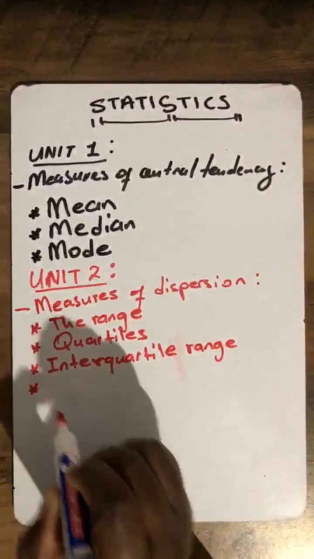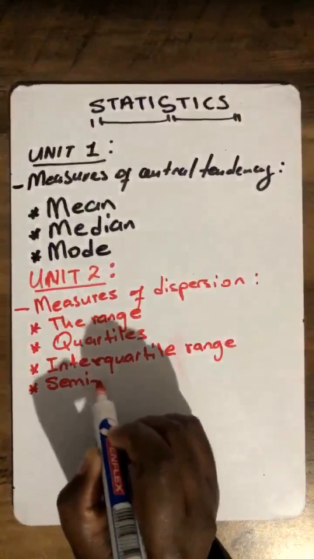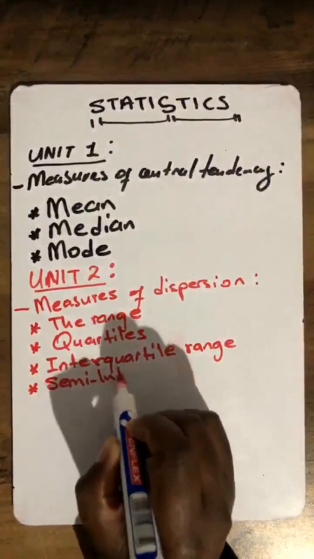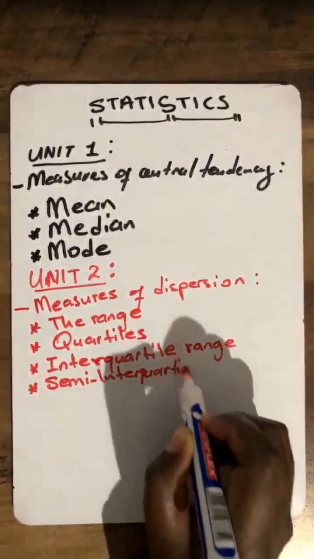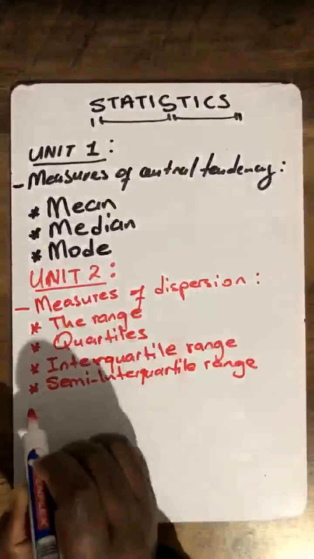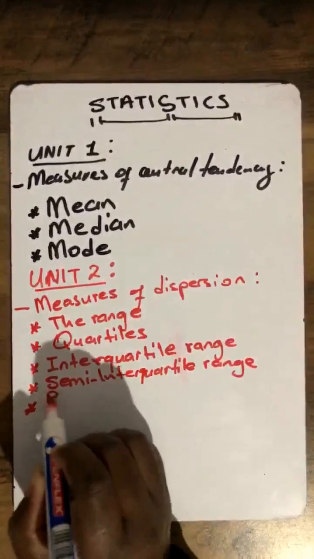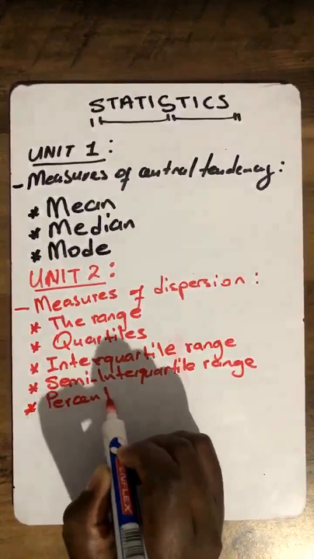And then from there, we also need to talk about what we call the semi-interquartile range. It doesn't end there. There's also what we call the percentiles.